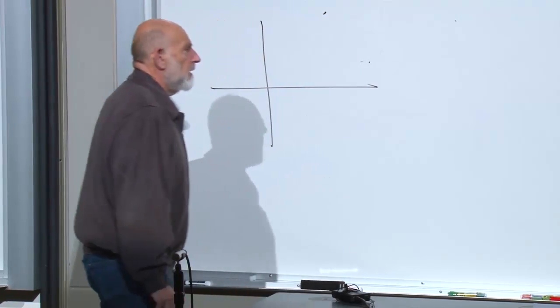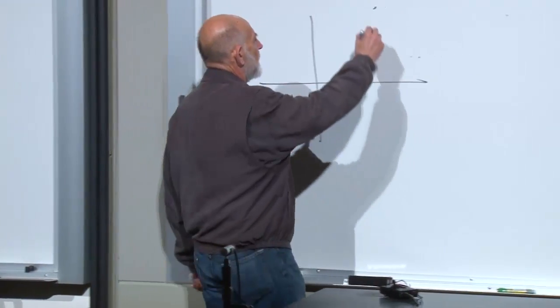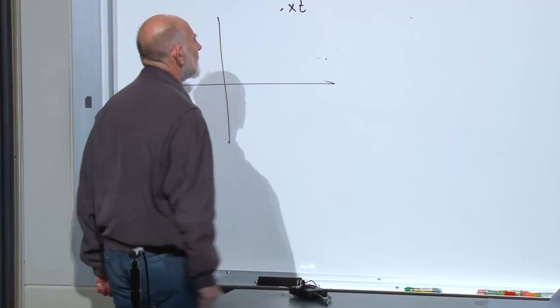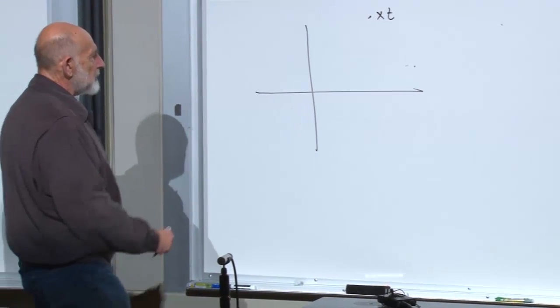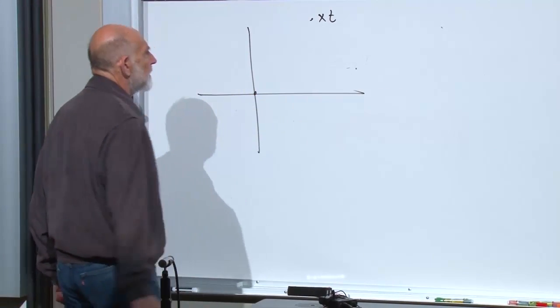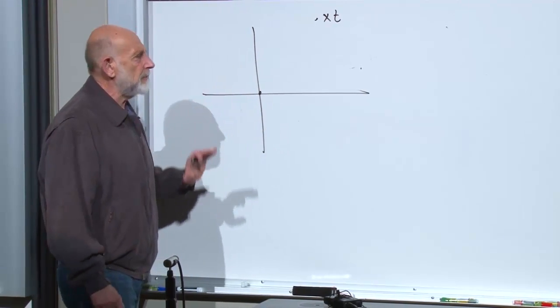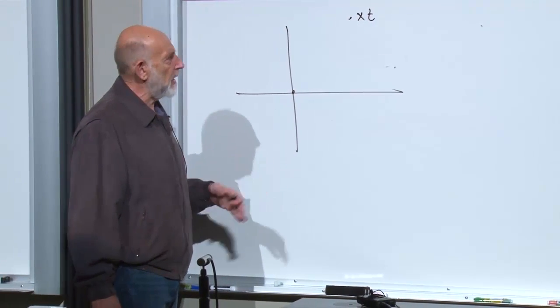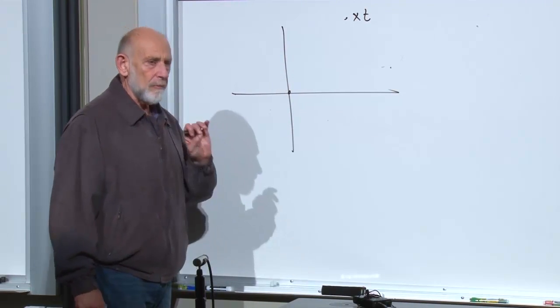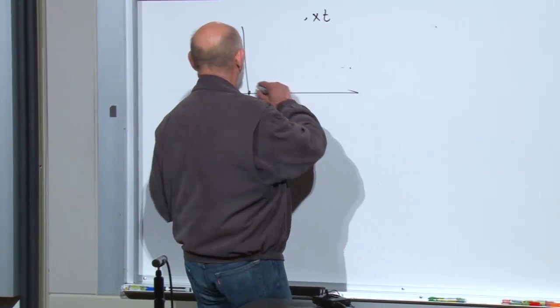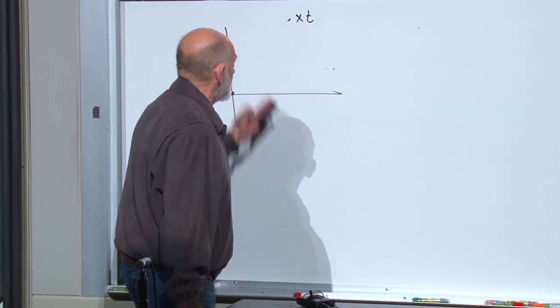If we have an event taking place at point X and T, we found out last time that there's an invariant notion of separation, space-time difference, or space-time distance between them, proper time.